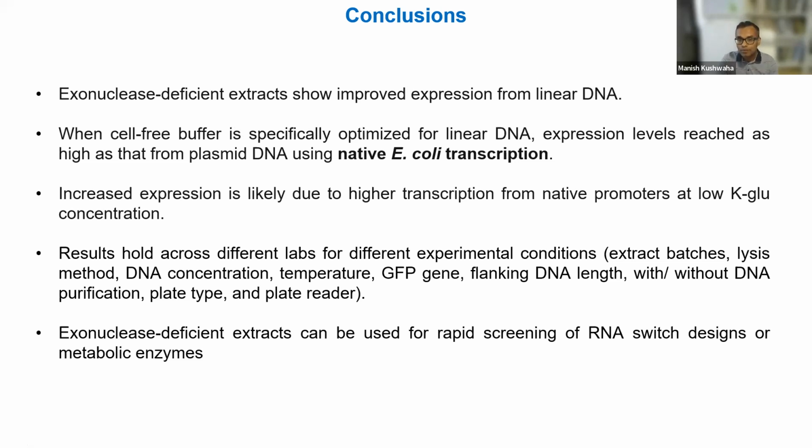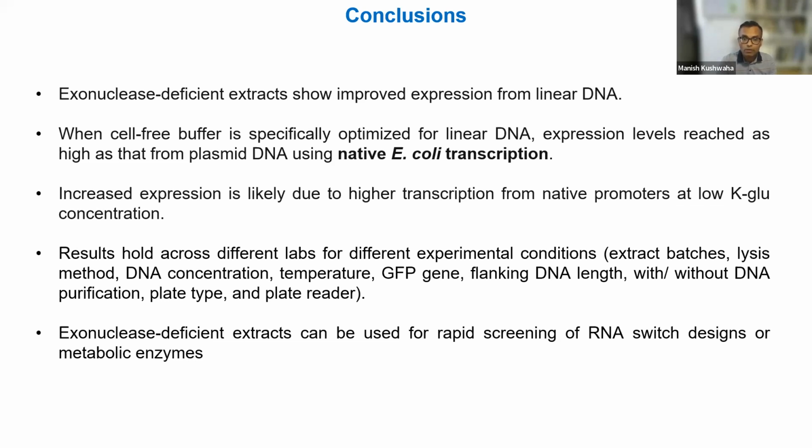This is specifically true of native E. coli transcription, as I told you earlier, because it's so sensitive to K-glutamate concentrations. Perhaps with the PURE system, or when you're using a T7 promoter, these differences may not be as relevant.